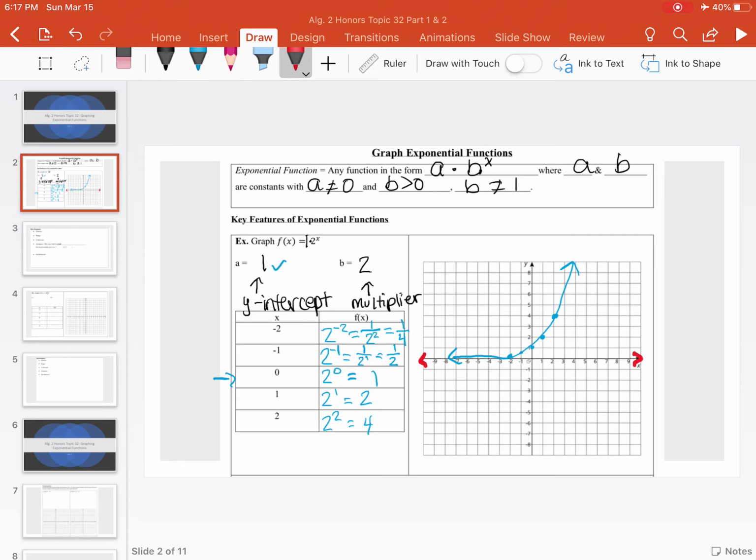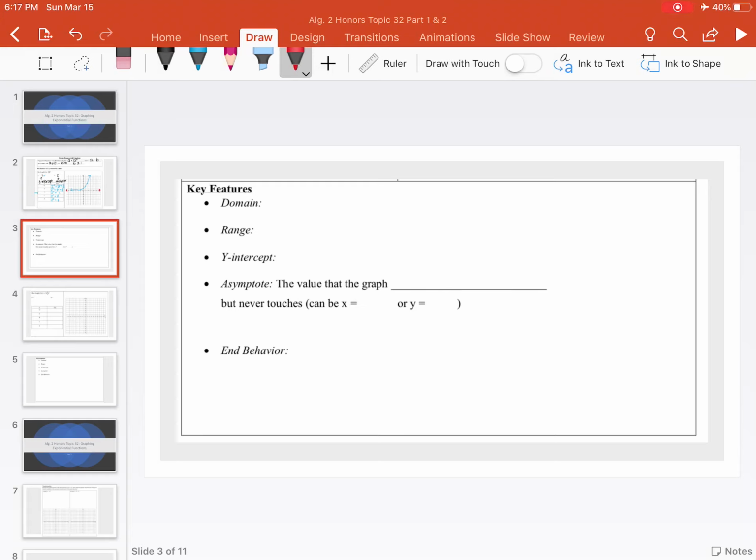So if we were to zoom out on this graph, we're going everywhere from negative infinity to positive infinity. So our domain is going to be negative infinity to positive infinity. And we're going to use parentheses here because these values are not finite.